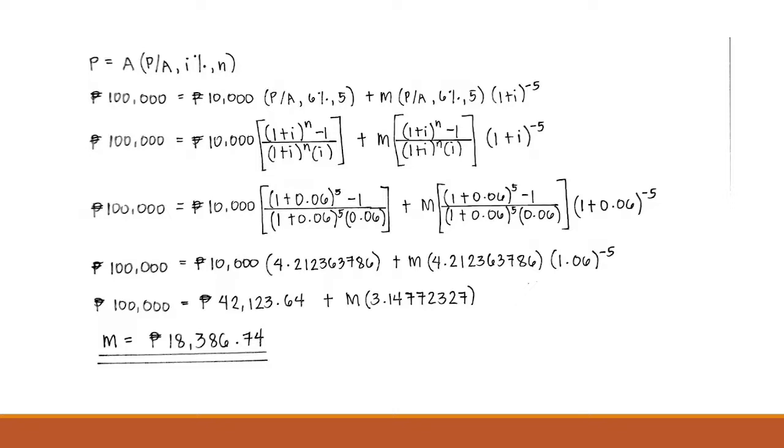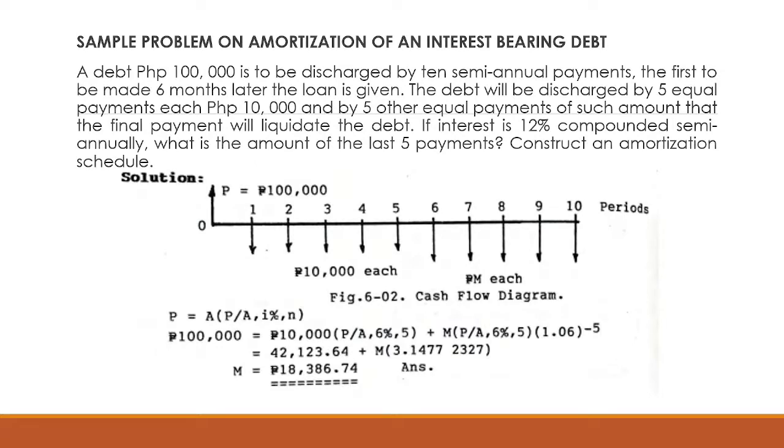So, inig i-shift solve na ninyo, makuha ninyo ang M equals 18,386.74. So, mao ni na siya ang amount of the last 5 payments.